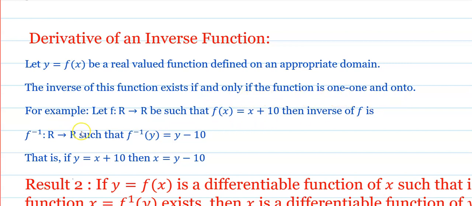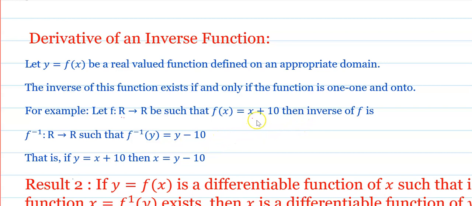For example, let f be a function defined from R to R, set of real numbers to the set of real numbers, such that f of x is equal to x plus 10. Then the inverse of f is f inverse from R to R such that f inverse of y is equal to y minus 10.